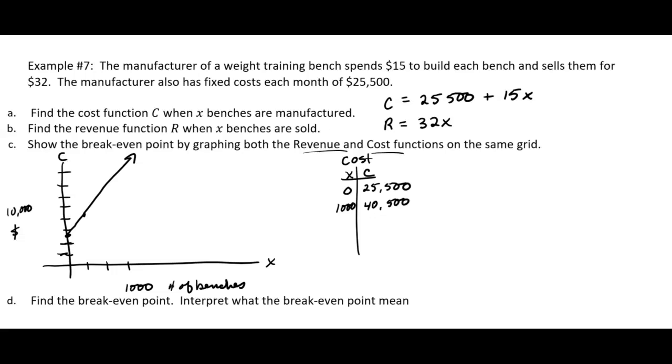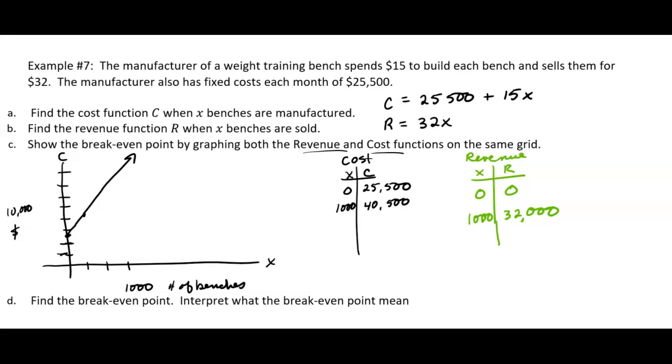Okay? Now I'm going to switch colors and do revenue. So maybe revenue is a little easier to think about. And so I'll put R here because it's still in terms of money. So let's say I don't sell any shoes, then I don't make any money, right? Okay, so now let's say I sell 1,000 pairs of shoes. Then that would be 32,000, right? Because it's 32 for each pair.